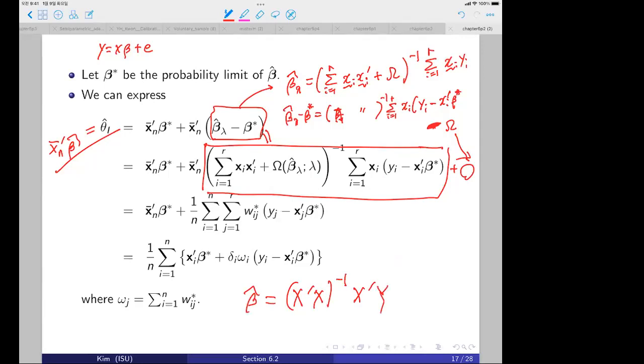So if you have this kind of form, then what is this? So if this is anything. Okay, so we are trying to do the same thing here, but we have an additional term that comes in, and so there may be some trick necessary to control the order of this omega.